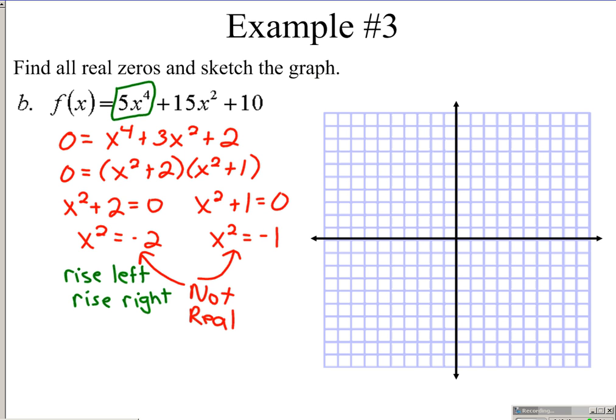So how can we have a graph that rises to the left and rises to the right but never crosses the x-axis? Well, that means our graph has to be contained totally in quadrants 1 and 2. Rising to the left, rising to the right. We don't know what's going on in here, but we do know that it does not cross the x-axis, so everything has to be up in quadrants 1 and 2.